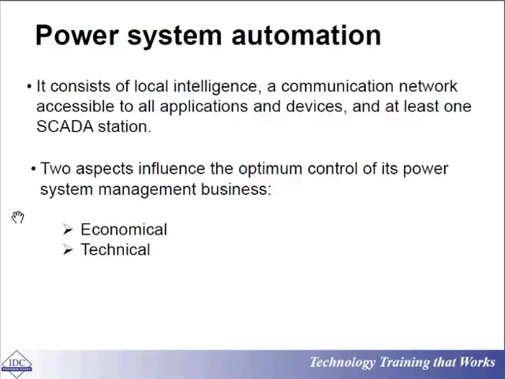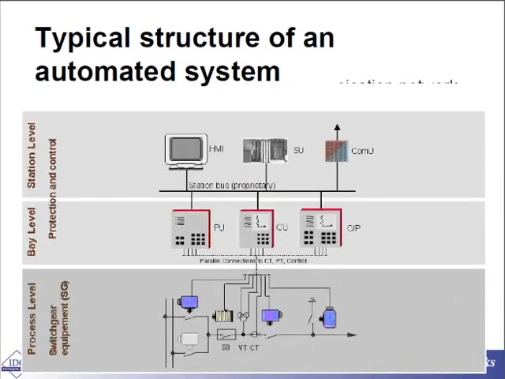Therefore, you have to consider that your design of system automation should be not only technically acceptable, but also economically acceptable. It should make sense, all right? It's not enough to propose something technically perfect that is, at the end of the day, very, very expensive. The client should be able to afford it.